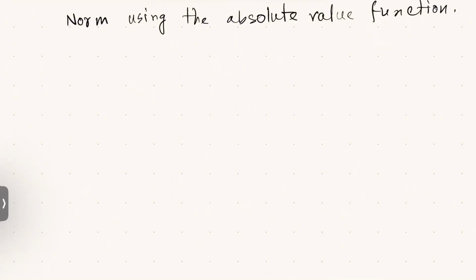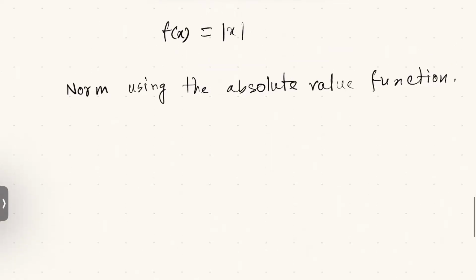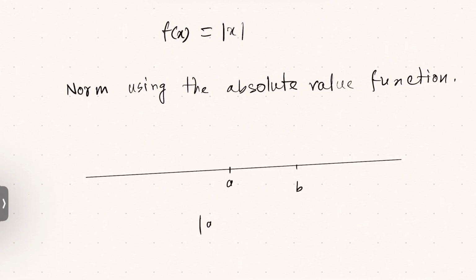Before starting the definition of a vector space, let us just consider the norm as something like a distance on the set. If you consider the set of real numbers again, and let's say this is the point A and this is the point B, the norm A minus B gives you the distance between these two points.